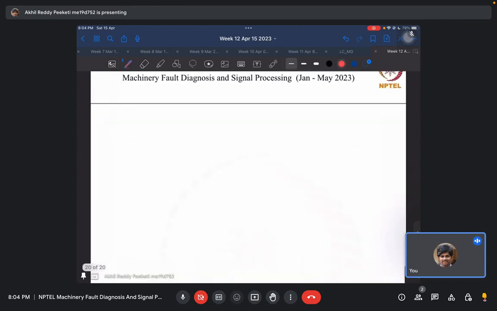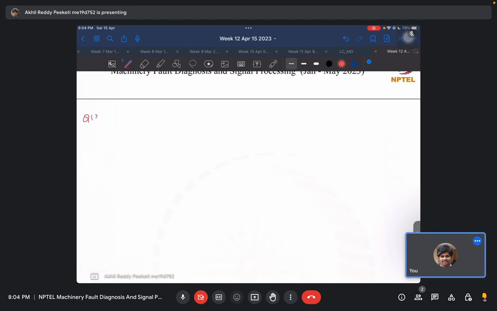Let's move to the next question. A device provides peak vibration of 30 meter per second square at 100 radians per second.